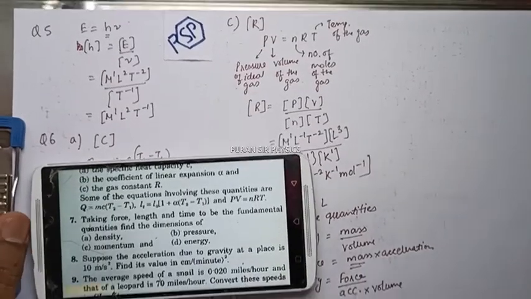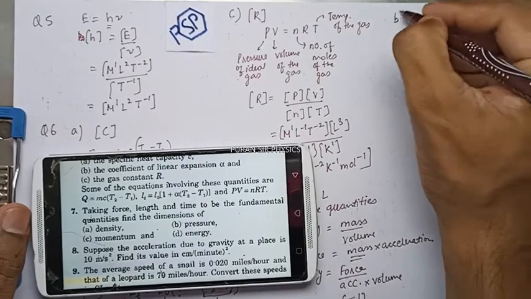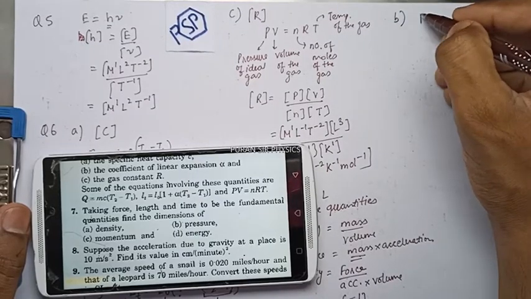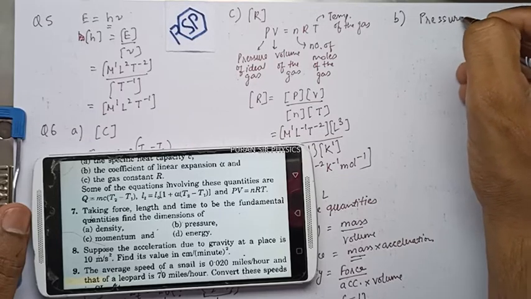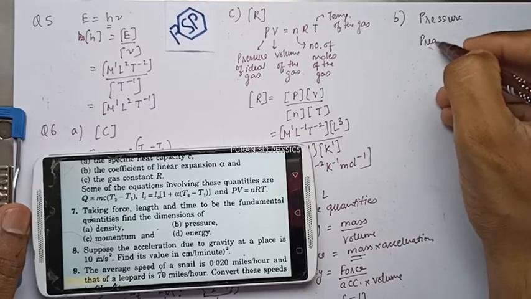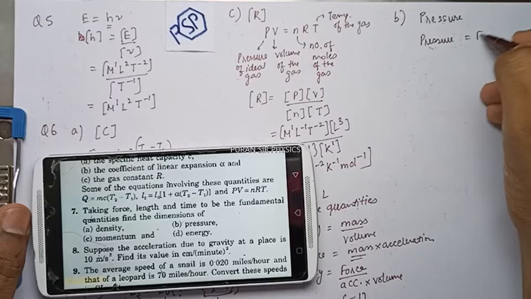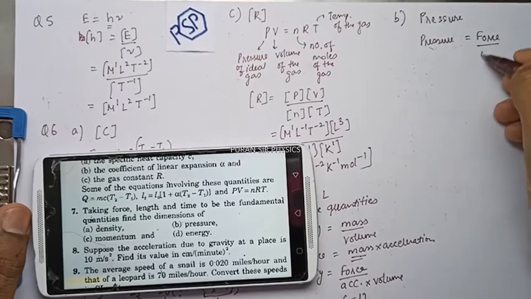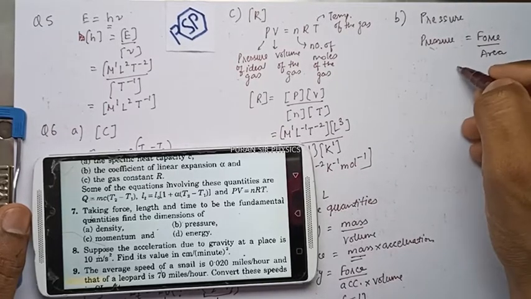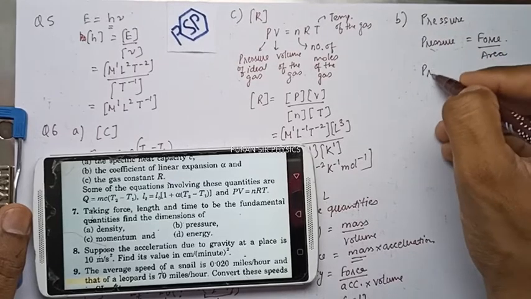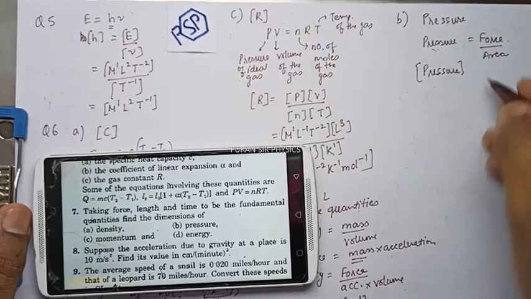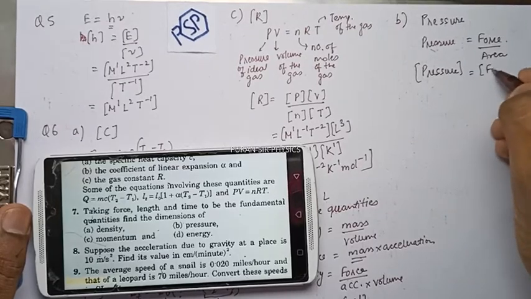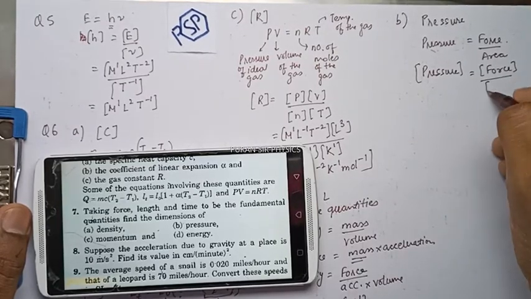In B part we have to find the dimension of pressure, and we know that pressure is equals to force upon area. So the dimension of pressure will be dimension of force divided by dimension of area.